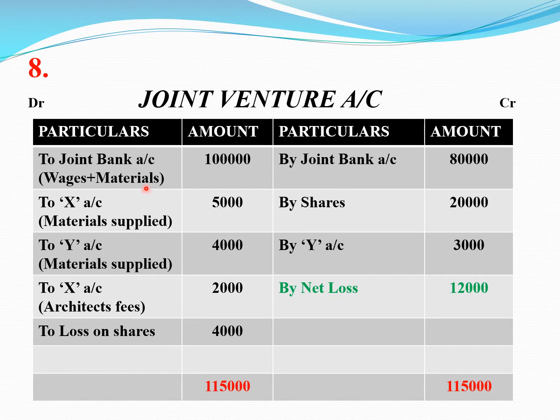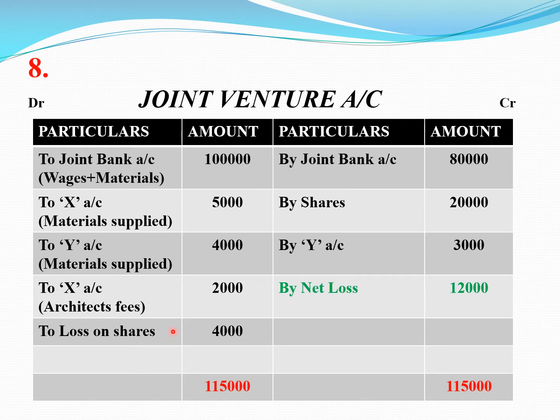On the debit side we write to joint bank account, to expenses paid for wages and material purchase. We get 1 lakh. It's an expense, and X supplied material, Y supplied material, and X paid architect fees as expense, 2,000.